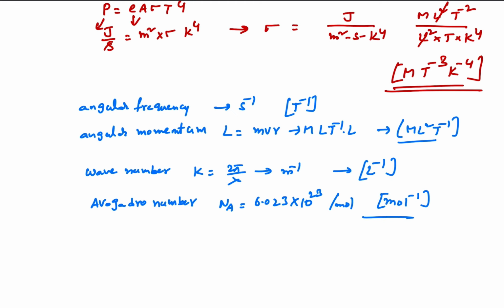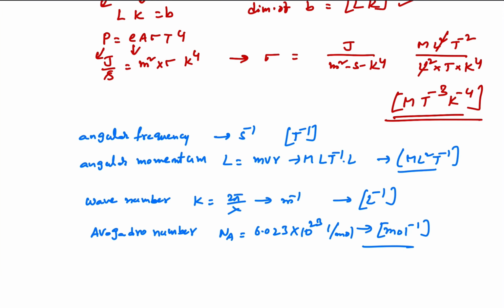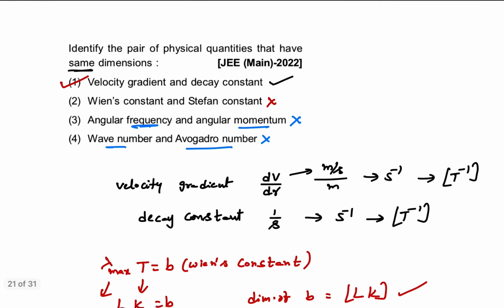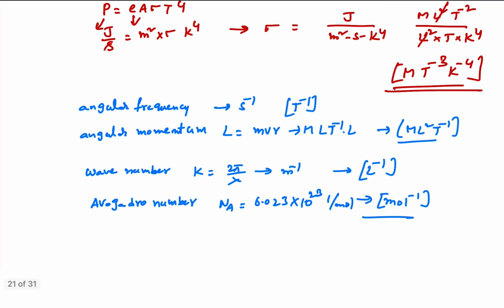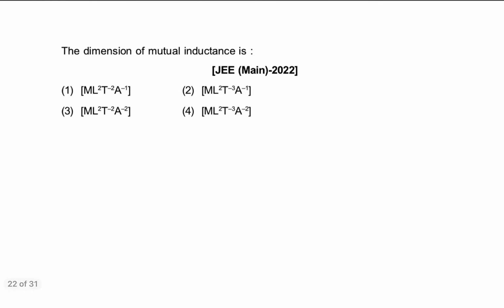So the dimensional formula of Avogadro number is mole power minus 1. That's why I am writing 1 by mole, mole power minus 1. So both are not having the same dimensions. So which of the following is the correct option? The first option is the correct option. You see, a new term we are getting: Avogadro number is mole power minus 1. Don't write number.